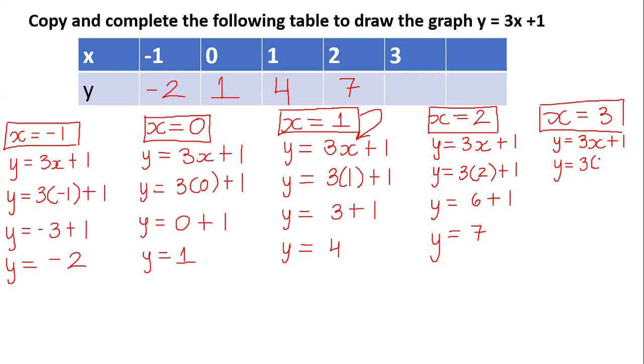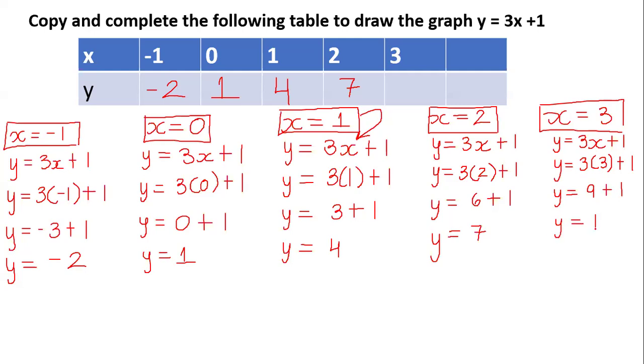Open bracket, 3, plus 1. What is 3 times 3? 9. So we have 9 plus 1. What is 9 plus 1? That's going to be 10. So y is equal to 10.